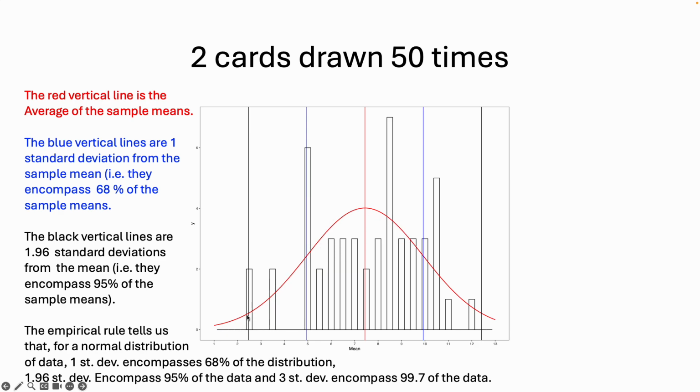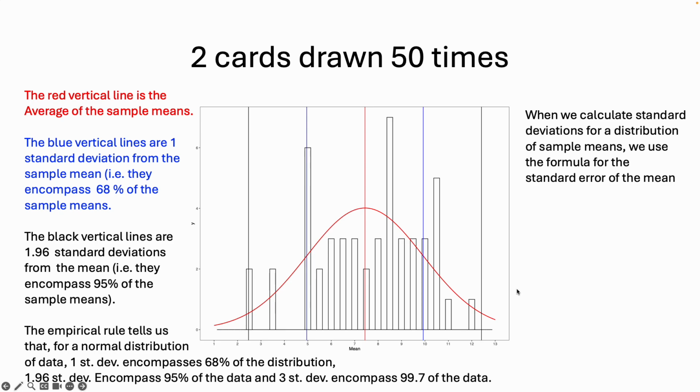Under that normal curve, we would expect 95% of the sample means to occur within 1.96 standard deviations of the mean. And so 68% of the distribution is within 1 standard deviation, 95% of the distribution is within 2 standard deviations, and 99.7% of the data is within 3 standard deviations.